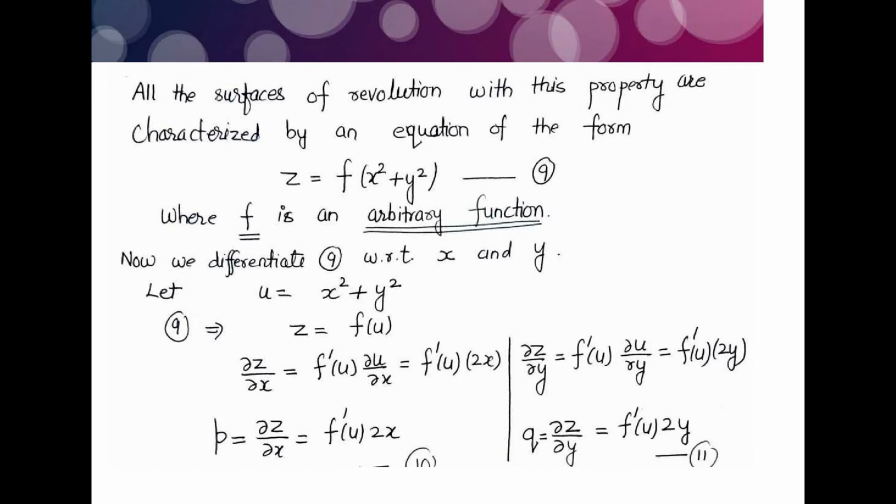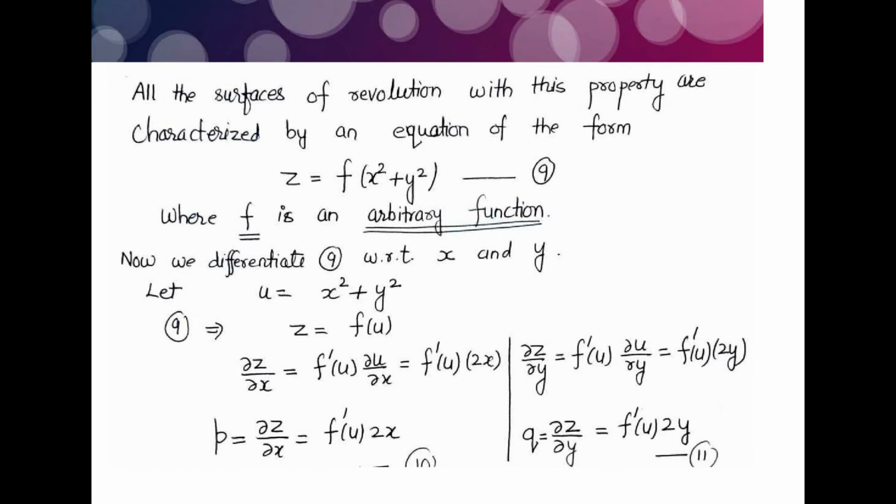Let us define u as x square plus y square, the argument of the function in equation number 9. So I can rewrite equation number 9 as z equal to f of u. Now we have z as a function of u, and u is a function of x and y. Now start with z equal to f of u and differentiate both sides with respect to x.